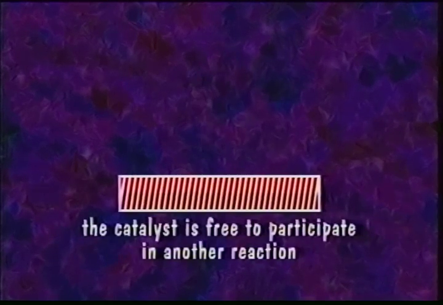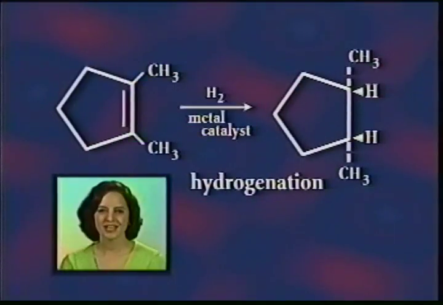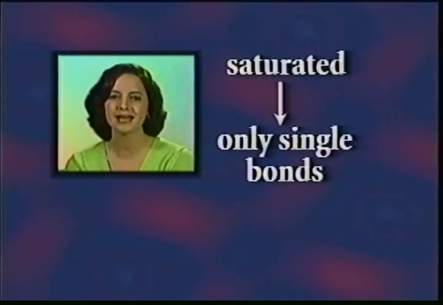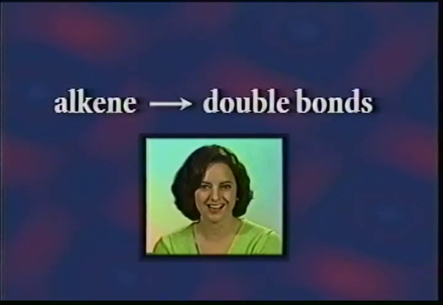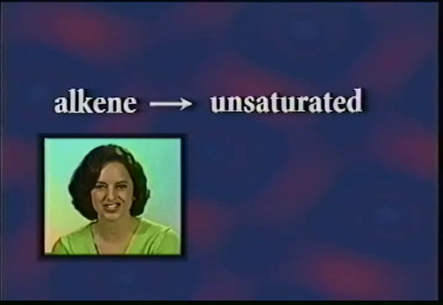The new cycloalkane diffuses away from the surface of the catalyst. The catalyst is free to participate in another reaction, and another 1,2-dimethylcyclopentene and H2 molecule move in. This reaction produces a saturated alkane via syn addition. If a molecule is saturated, all that means is that it's only got single bonds. So since an alkene has double bonds and can be reduced further to make it saturated, we say alkenes are unsaturated.